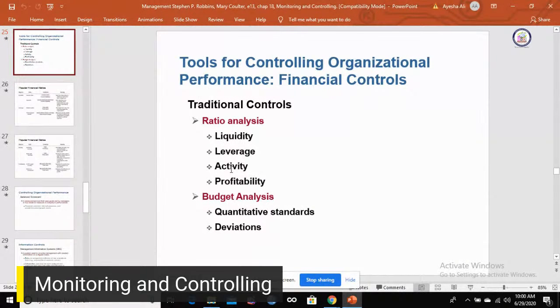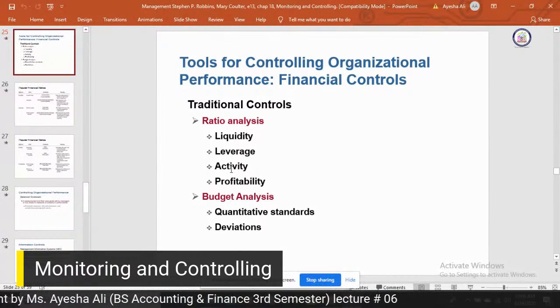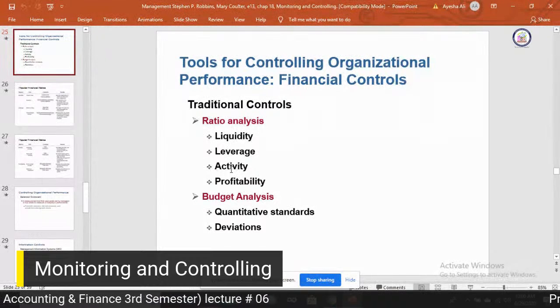In the previous session, we left off at this slide, so we will continue from this slide, in which we have tools for controlling organizational performance. We have some tools in which we have traditional control and some sort of analysis. The first one is liquidity, the second is leverage, and then activity and profitability.